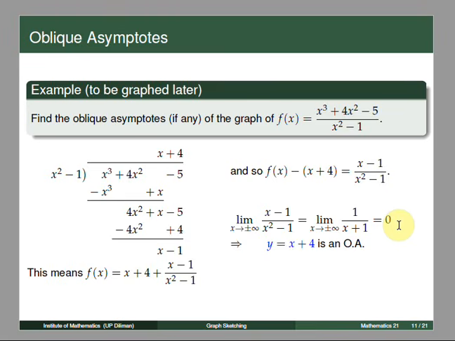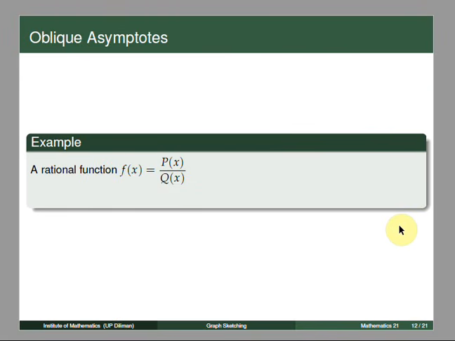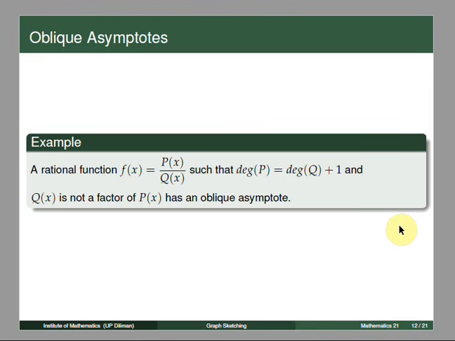Very nice. Okay? So actually, if you notice, whenever you have a rational function p of x over q of x, if q of x is not a factor of p of x, you can always have an oblique asymptote if the degree of the numerator p is 1 more than the degree of the denominator.